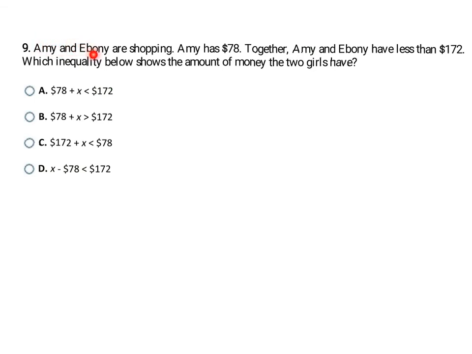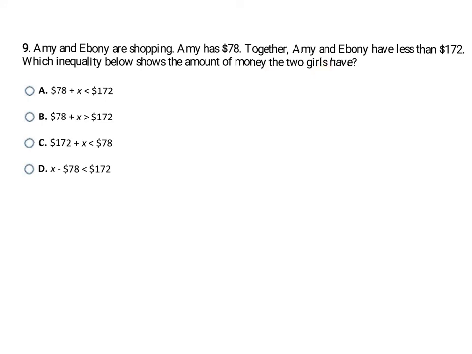So here we have Amy and Ebony are shopping. Amy has $78. Together, Amy and Ebony have less than $172. So which inequality below shows the amount of money the two girls have?